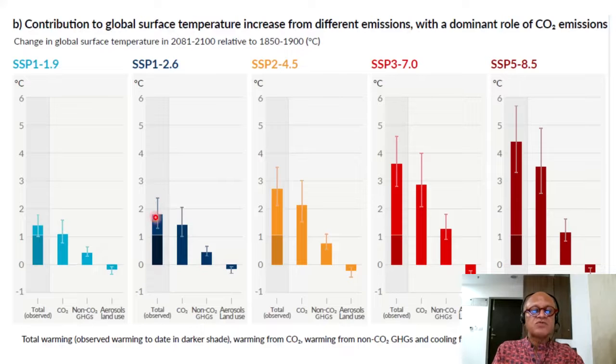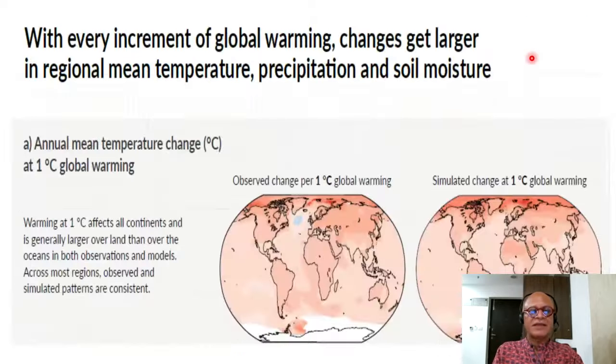So we start with the observed, and then we look at the projections due to CO2 and non-CO2 greenhouse gases and cooling due to aerosols and so on. So you can see obviously the business as usual scenario or the challenges of mitigation and adaptation that are considered in these SSPs give you very high warming if you don't control the CO2 emissions, as we can expect, right?